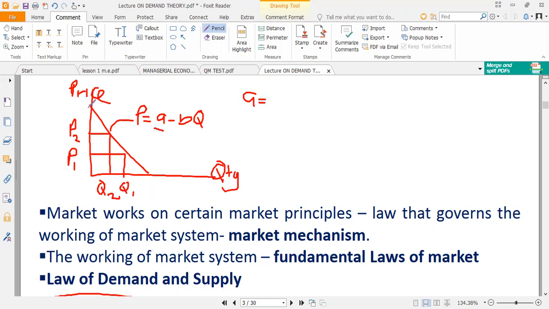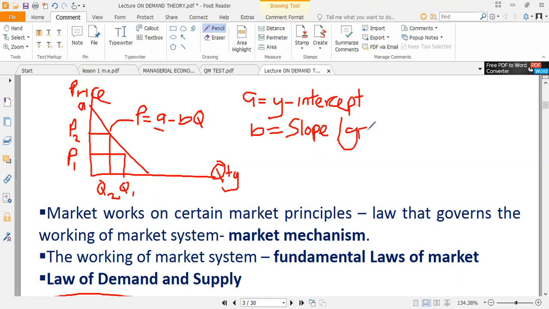The P-axis. So our A is here. It is a point that cuts the y-axis. So we call that the intercept. And we have B, which stands for the slope, or the gradient.